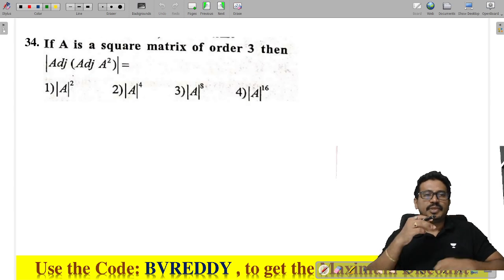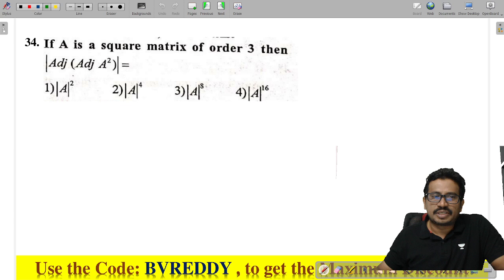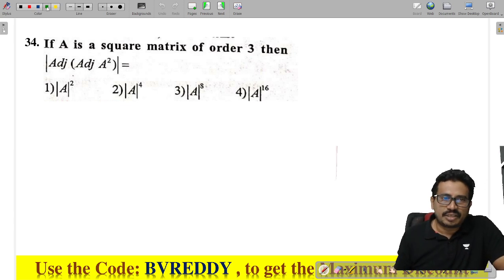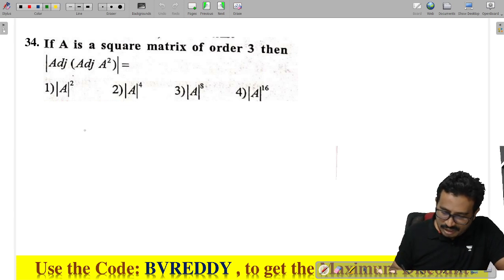Next one. If A is a square matrix of order 3, they are asking for adjoint of adjoint A square. Here we have the relation: adjoint of A power m is adjoint of A whole power m.